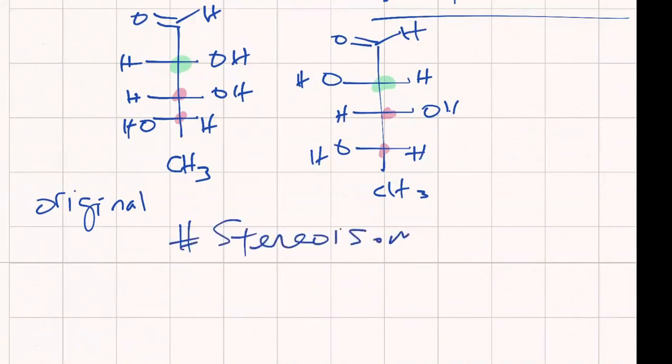Christina Young. Excellent. It's 2 to the 3, right? It's 3 chiral centers, so you're going to have 8 possible stereoisomers. Are we okay with that? Yes. All right. Any questions about it?